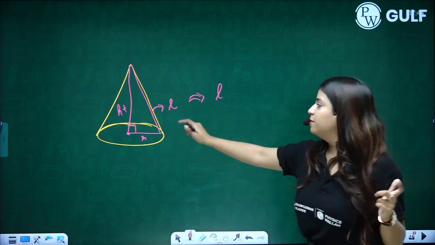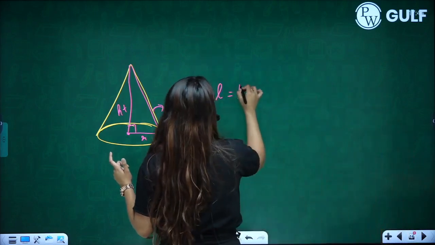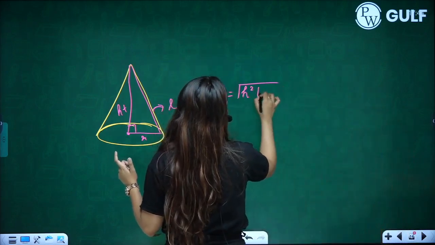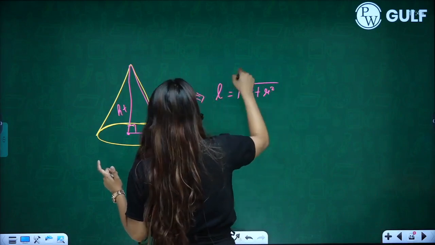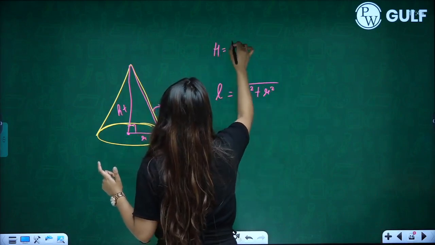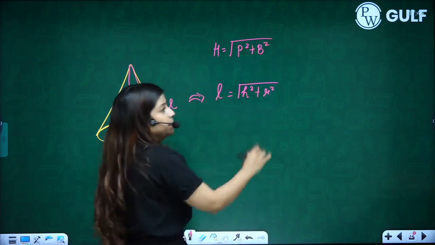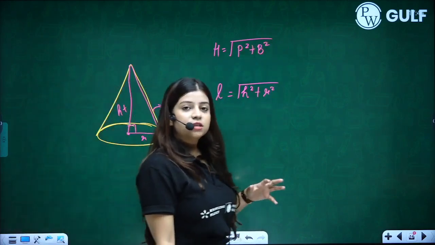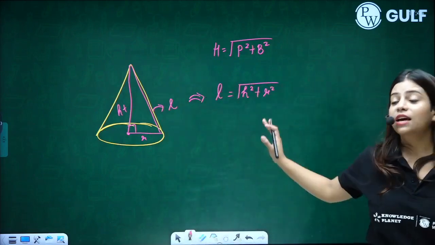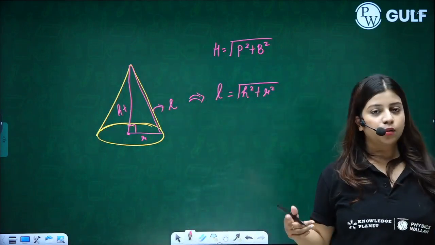So L will be equivalent to under root of h square plus r square. What does this mean? That hypotenuse is equal to perpendicular square plus base square. So this is what is given in the question, and we can find it out.